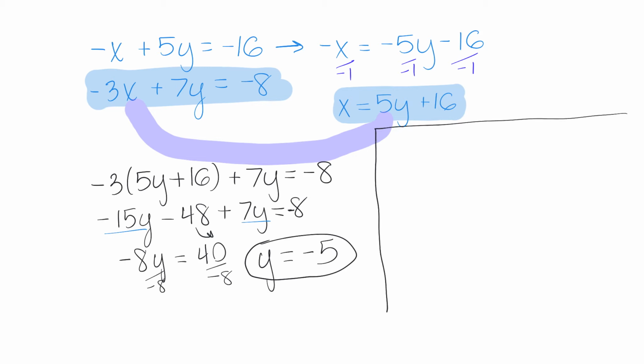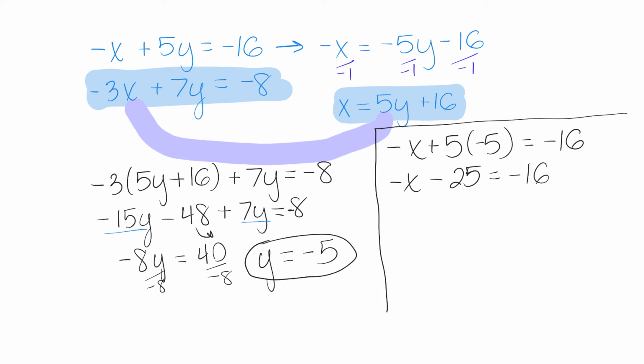So I'm going to this time say negative x plus 5y, and y I know is negative 5, equals negative 16. So negative x minus 25 equals negative 16. Negative x equals negative 16 plus 25, sounds like 9. So x equals negative 9.